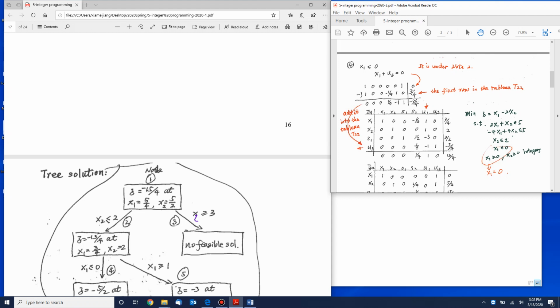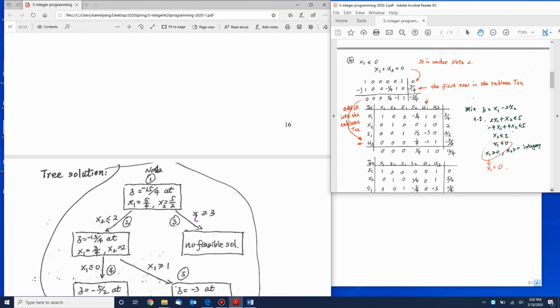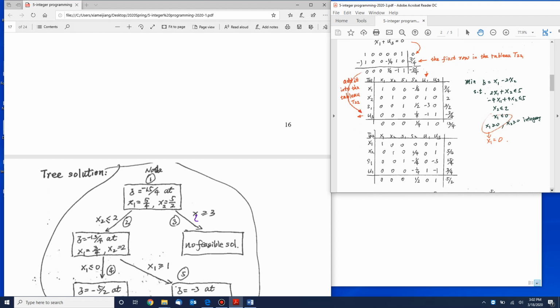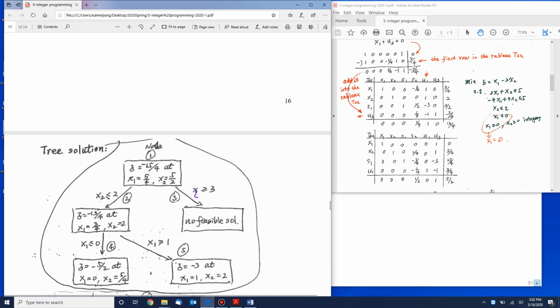When we work on that, you could see the result: x1 equals 0, but x2 becomes 5/4, which is not an integer anymore. But we do have an optimal solution: z equals minus 5/2 at x1 equals 0, x2 equals 5/4. And then we just note it down here.